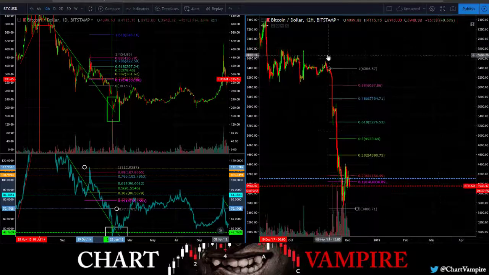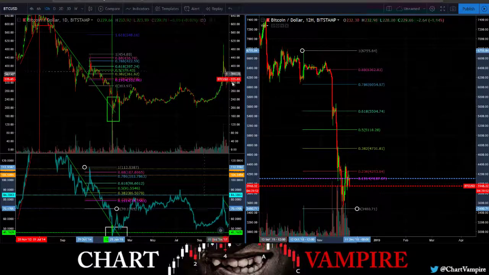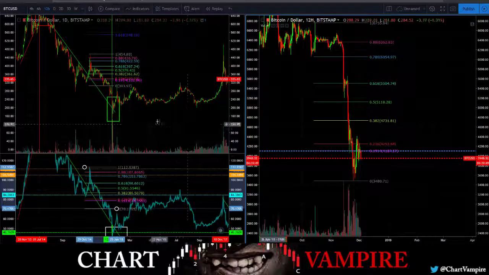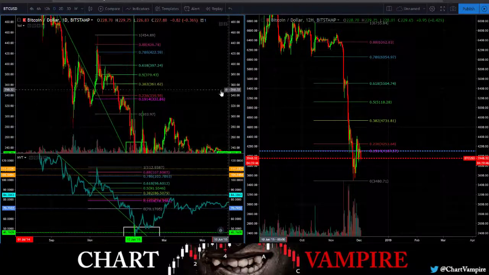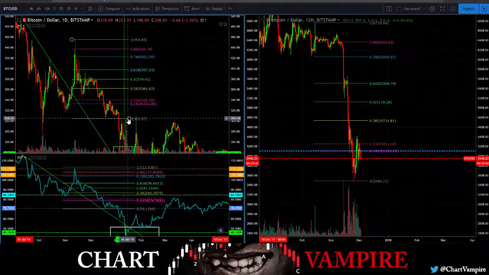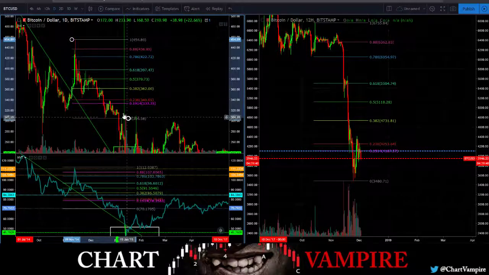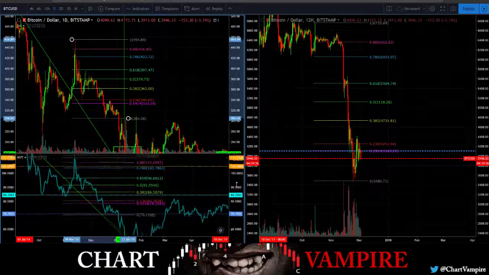Now, if I did retrace this whole range from this peak, which looks like that peak right there, we can see that, and then we'll just stretch this out. If this is where we fell, and this is where we're at today, this retraced to the 236, we actually backed over the 236.